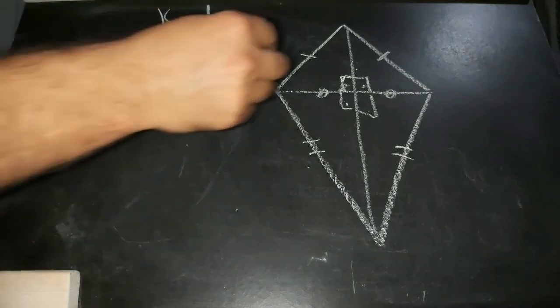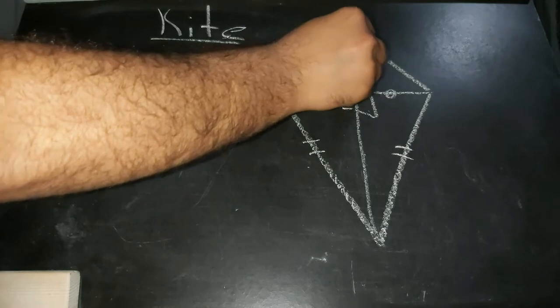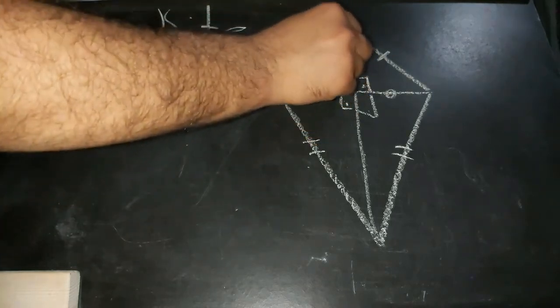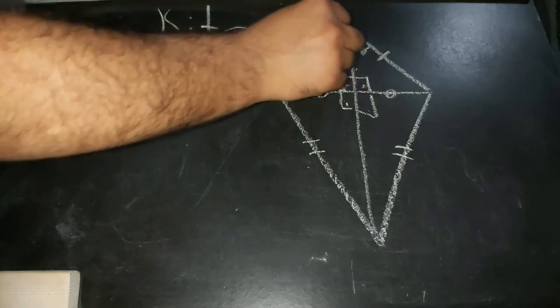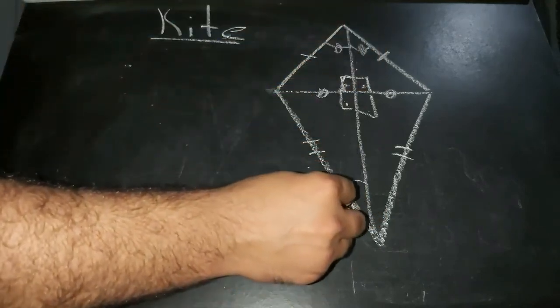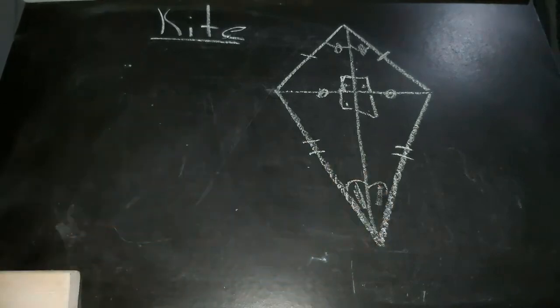The next property, this angle and this angle are the same. That means this diagonal is dividing this angle into two equal parts. And for this one, the same thing. This angle and this angle are the same.